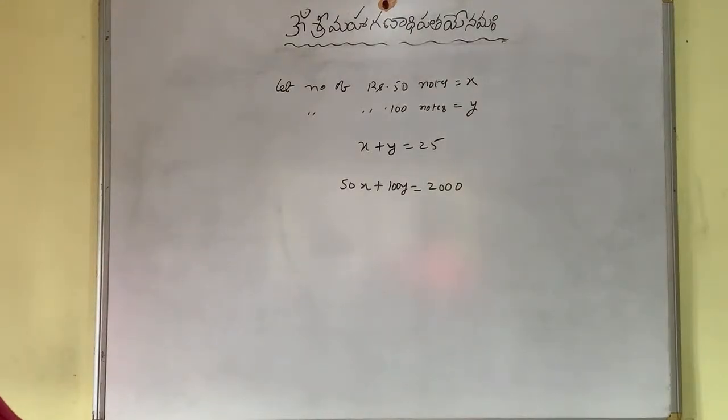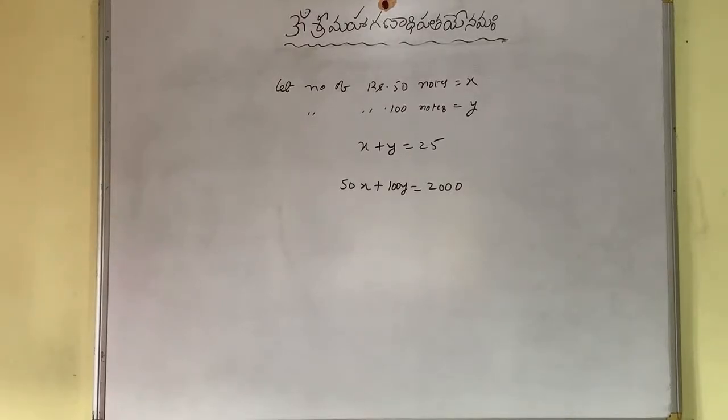Did I make any mistake in this? She asked the cashier to give this much money in terms of 50 and 100 rupee notes only. So 50x plus 100y is 2000 and total notes she is having is 25. So x plus y is 25.